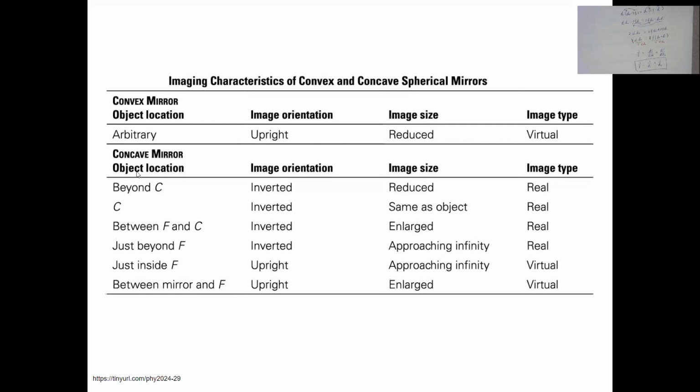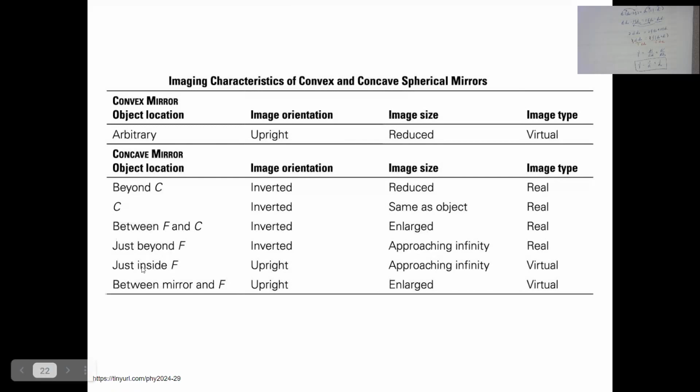For a concave mirror, it depends on the location of your object. If you are beyond the center of curvature, you get an inverted, reduced size real image. If you are between the focal point and the center of curvature, you get an inverted but enlarged real image.